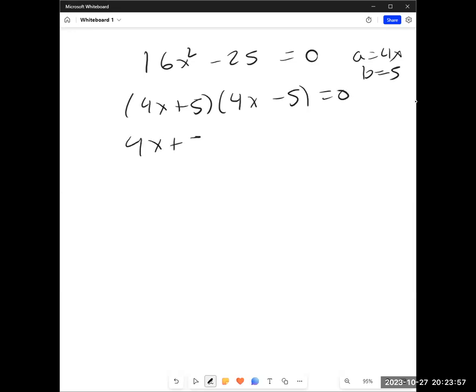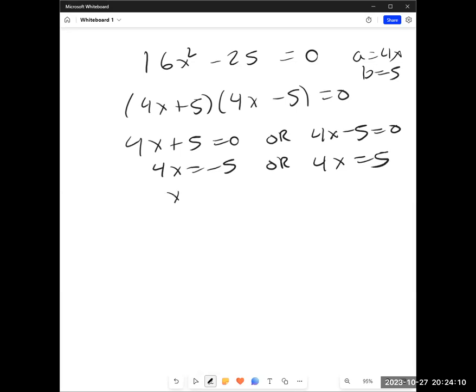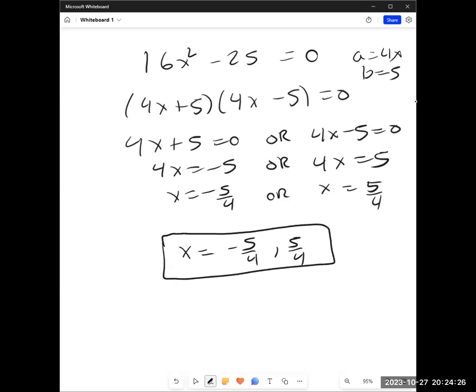So 4x plus 5 equals 0, or 4x minus 5 equals 0. 4x equals a negative 5, or 4x equals a positive 5. x equals a negative 5 fourths, or x equals a positive 5 fourths. And there we go.